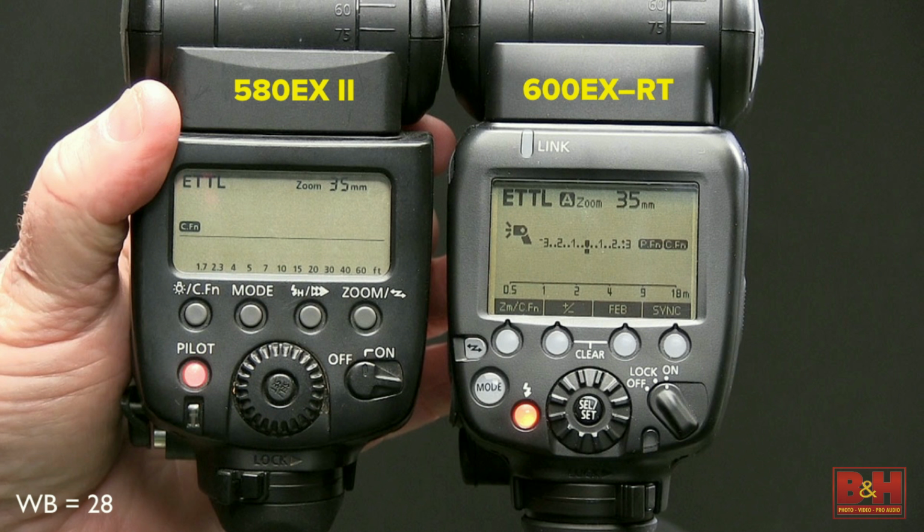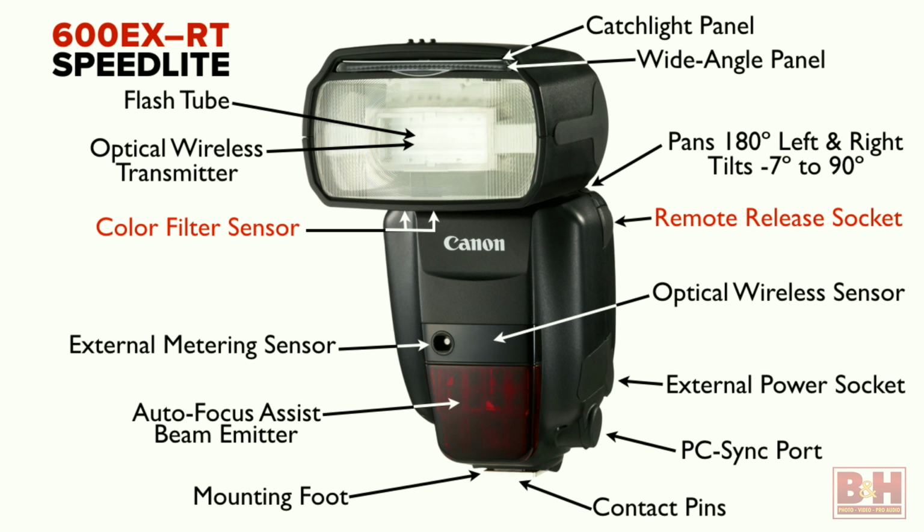For those of you who haven't tried the new Speedlite, you can take a look. There's the 580EX II, the last generation of the 500 series, and you can see that its LCD is a little bit smaller. The buttons were hard-coded, meaning that the mode button could only be the mode button, and so on. We're going to go through an analysis of the buttons and dials in just a moment. That moment is now.